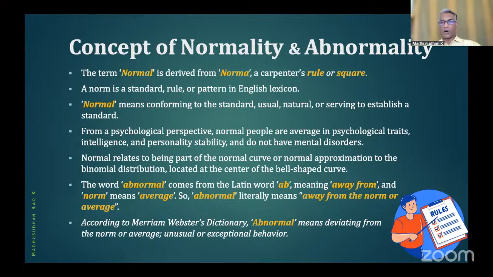According to the Merriam-Webster dictionary, abnormal means deviating from the norma or average, unusual or exceptional behavior. So that is the definition and in-depth analysis of the dictionary meaning of abnormal and normal too.